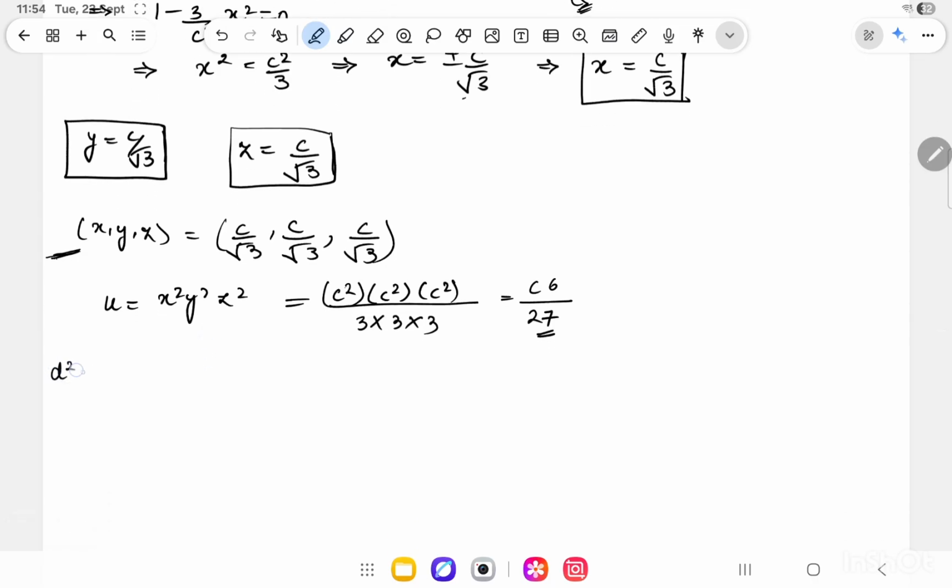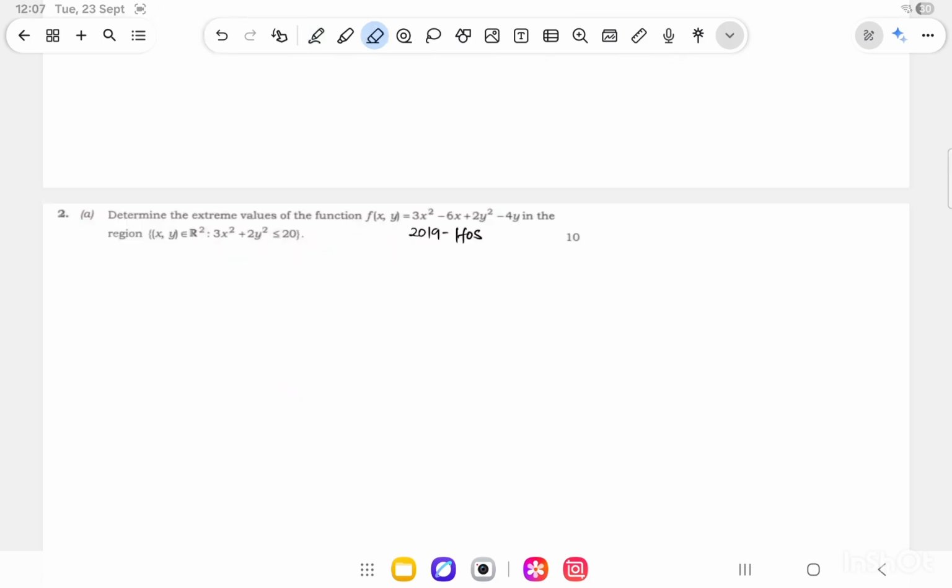For that we need to calculate d square f, and show that at this point, c by root 3, c by root 3 and c by root 3, the value of u will be maximum. So we are supposed to show that capital D square capital F at this point will be less than 0. If we show that, that basically proves this. So let's see the next question.